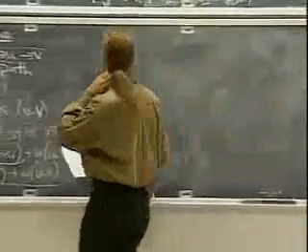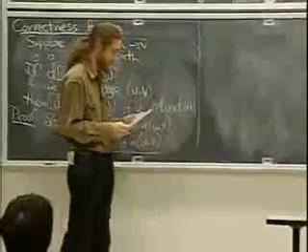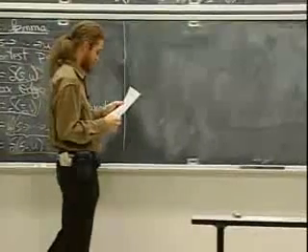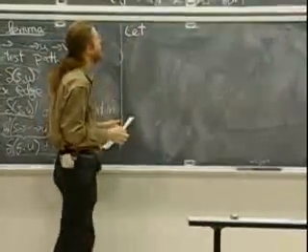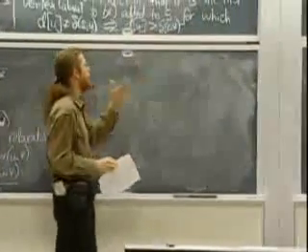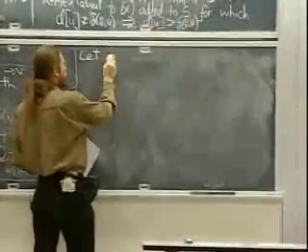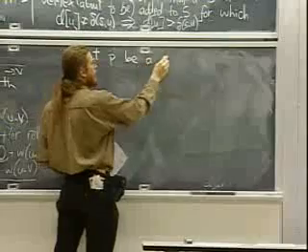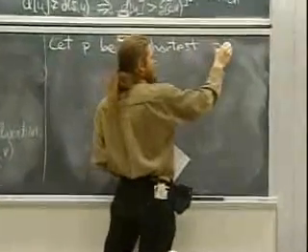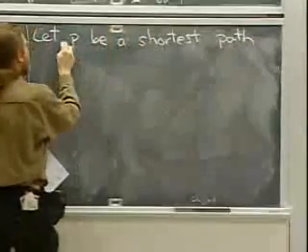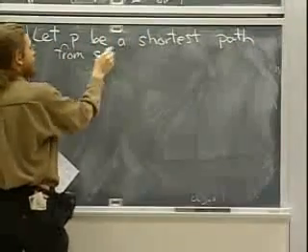So I sort of just want to draw a picture of what's going on, but I need a little bit of description. So let's look at the shortest path. Somehow d of u is greater than the shortest path. So consider a shortest path. Let p be a shortest path, not just any path, but the shortest path from s to u.